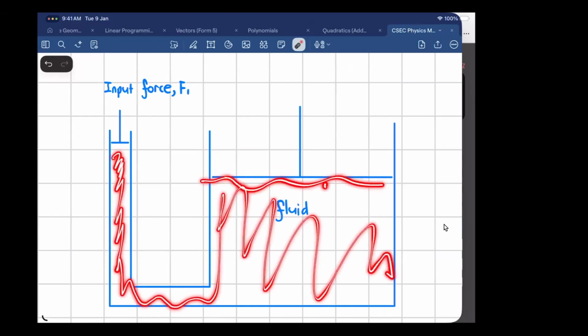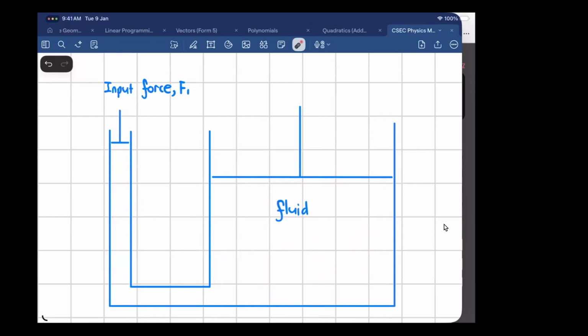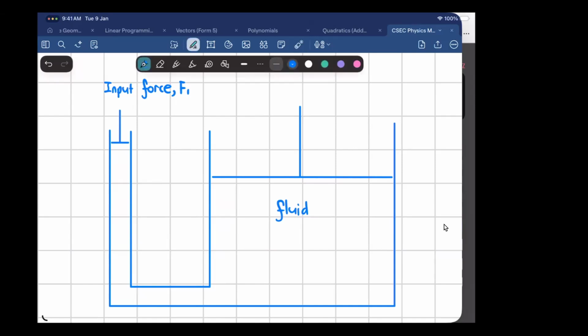It'd be the exact same pressure. So the pressure is going to remain the same. So you're going to have an input force and an output force. We call this F2.